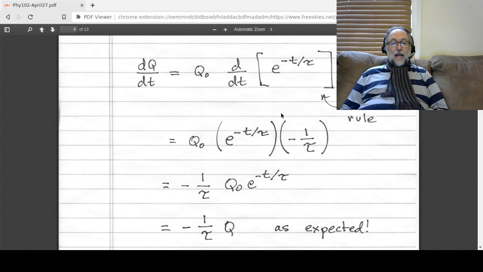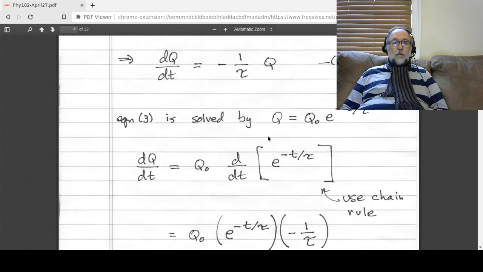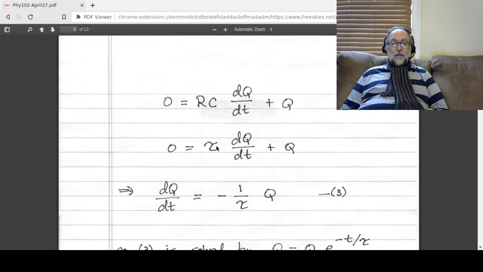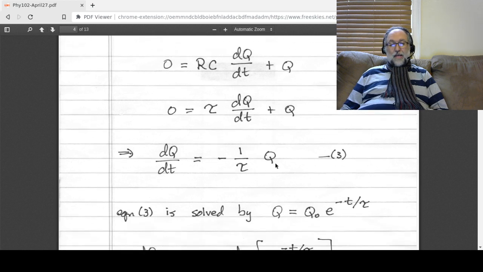Why does that happen? Because when you differentiate the exponential, you get the exponential back again, with this extra minus 1 over tau. So I is equal to dq by dt, which is equal to minus 1 over tau times q. Just remember this equation.